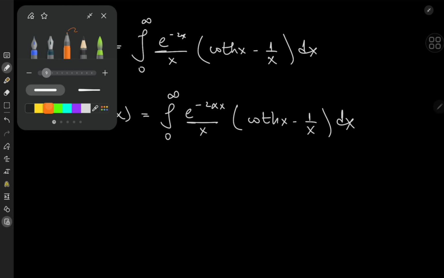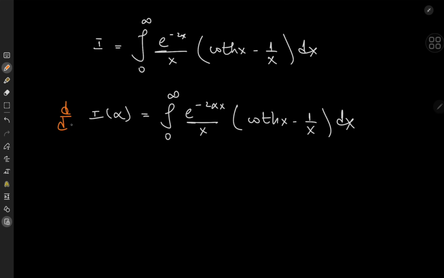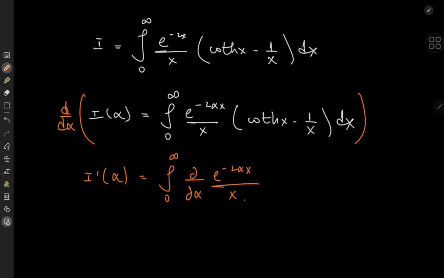So I'll just differentiate this whole thing with respect to the alpha parameter to get I prime of alpha equal to, switching up the order of the integration and differentiation operators, we now have the integral from 0 to infinity of the partial derivative with respect to alpha of e to the negative 2 alpha x over x times hyperbolic cotangent of x minus 1 over x dx.